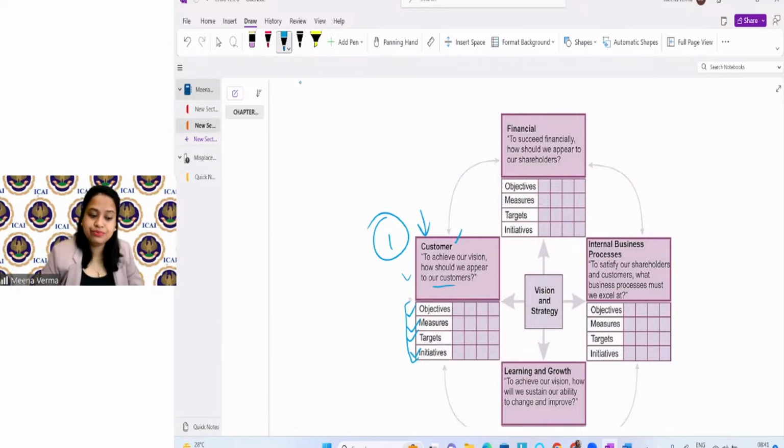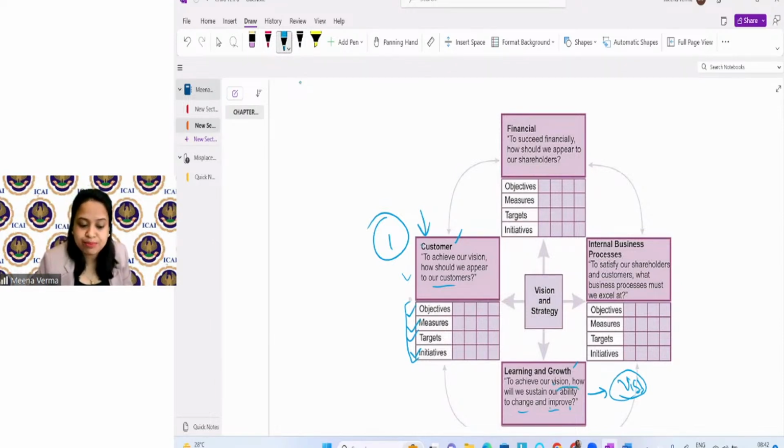Now, not just customer, we want to see the employees. To achieve the vision of the company, how will we sustain our ability to change and improve, right? The company wants to achieve some vision. So how can the vision be achieved? By changing the organization, right?